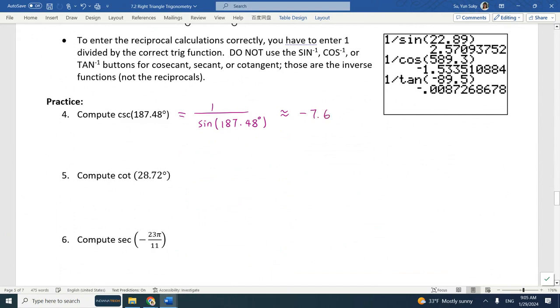Minus 7.6817. Thank you. Let me try. Show me your calculator. You have the same thing? Good. Good.